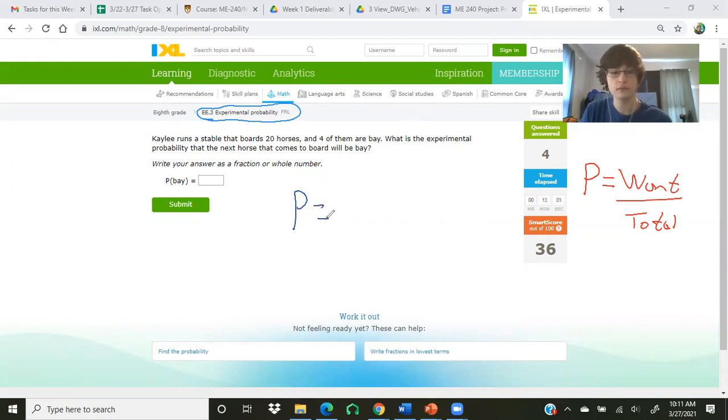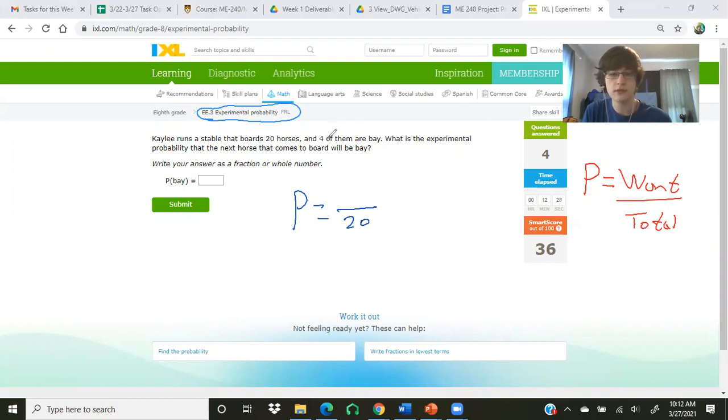Alright. So, Kaylee runs a stable that boards 20 horses, and 4 of them are bay. Not sure what bay horses means, but maybe you do. What is the experimental probability that the next horse that comes to board will be bay? Well, it doesn't matter that we don't know what bay means. We can still solve the problem. So what is the total? The total was 20 horses.